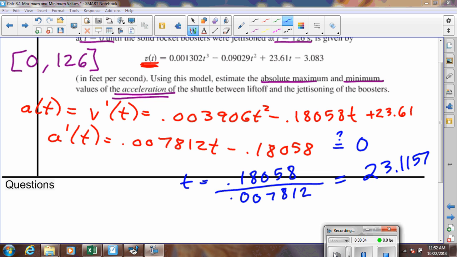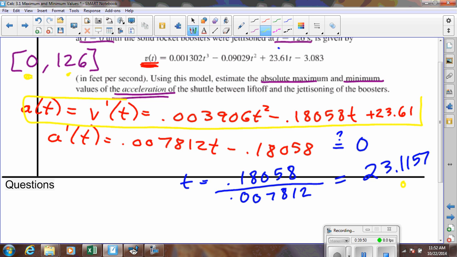So where could the absolute extrema be? Possibly at 0, possibly at 126, possibly at 23. But we will just plug those things into the acceleration function and see what we get.